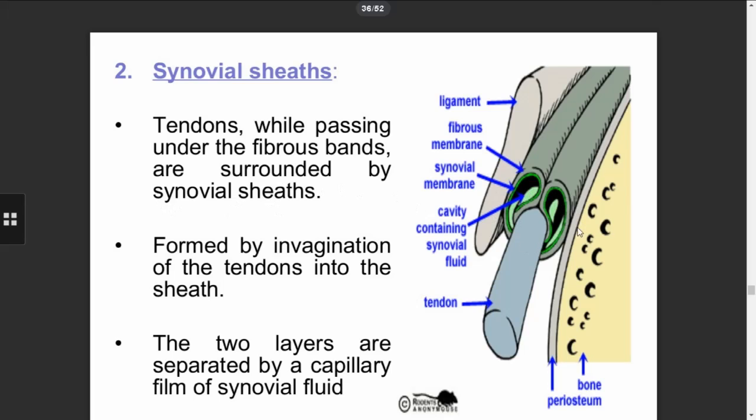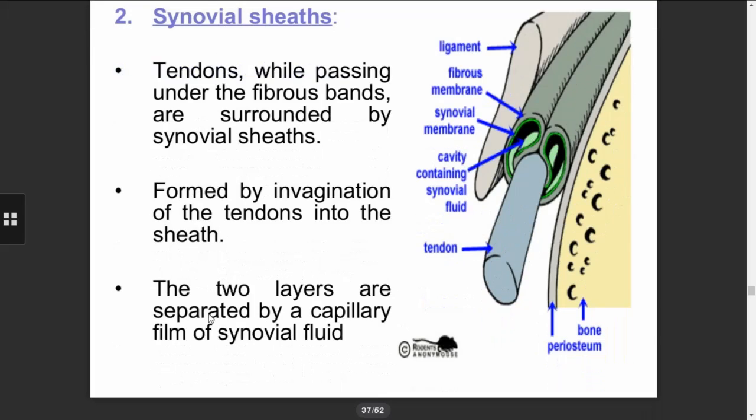Here we can see that the tendon is going. Here there is a synovial sheath surrounding the tendon, formed by the invagination of the tendon into the sheath, like this one. Two layers are separated by a capillary film of synovial fluid. Like that, there is a synovial sheath containing fluid.